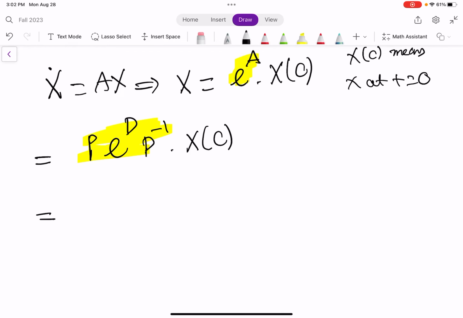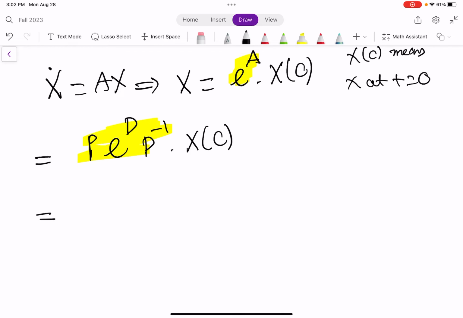Okay, now let's go ahead and expand it out. The first one, P times e to the power D, what is it going to look like? Recall now, P is going to be a collection of column vectors v1, v2, all the way to vn. And then what is e to the power D going to look like? We already showed that: e to the power of D is basically the matrix of exponentials of the diagonal values.